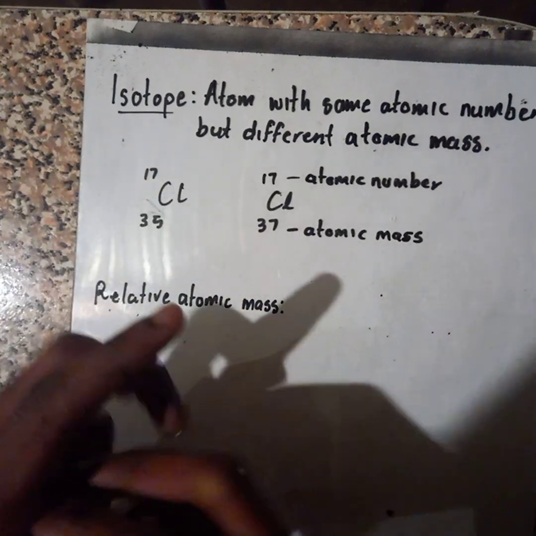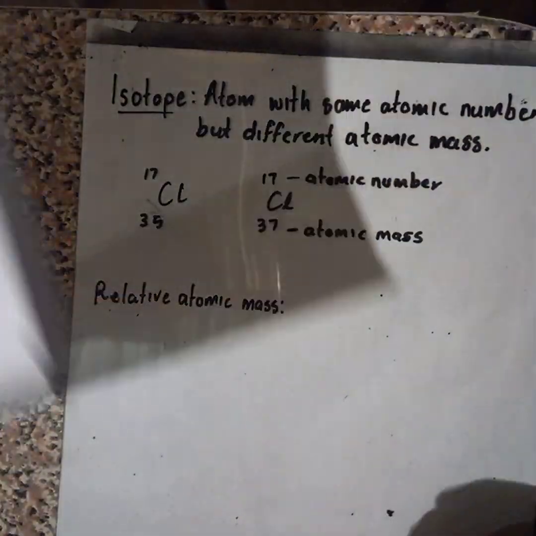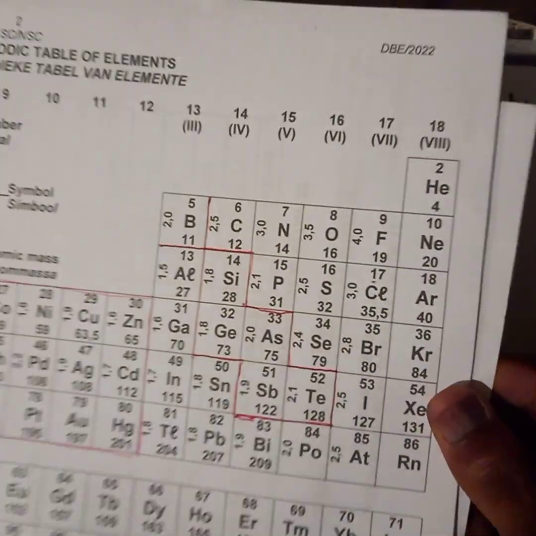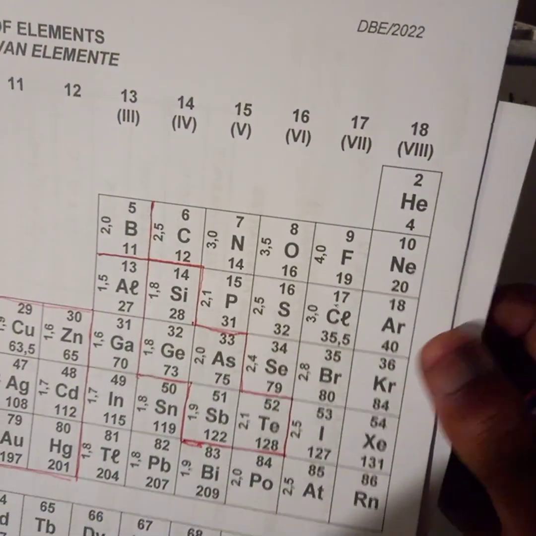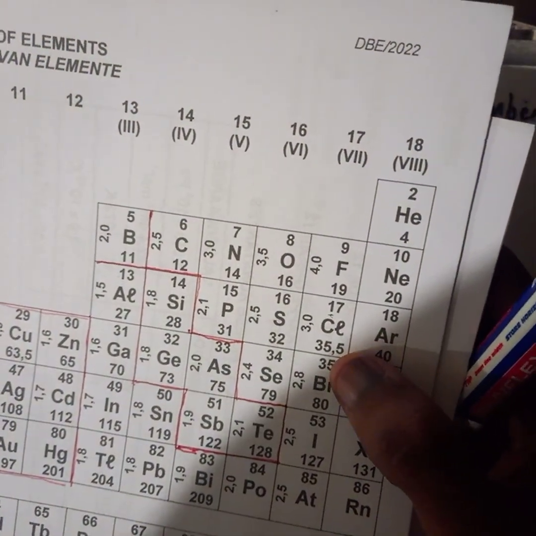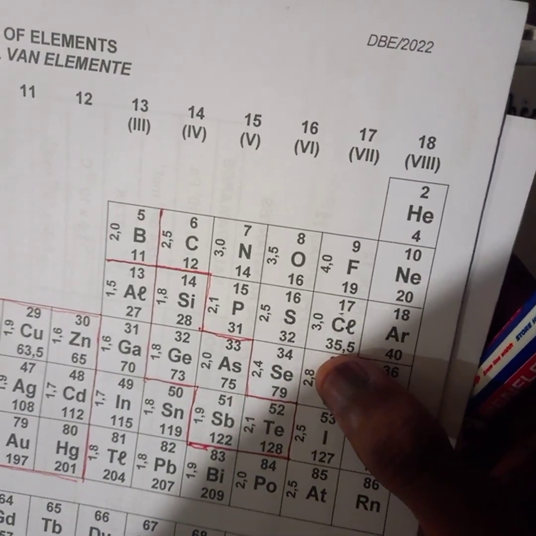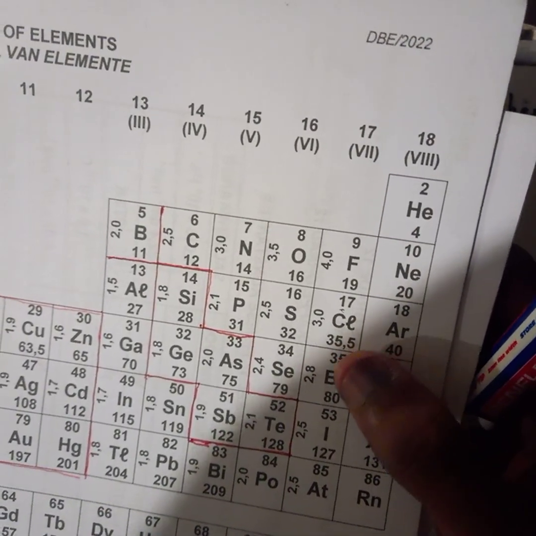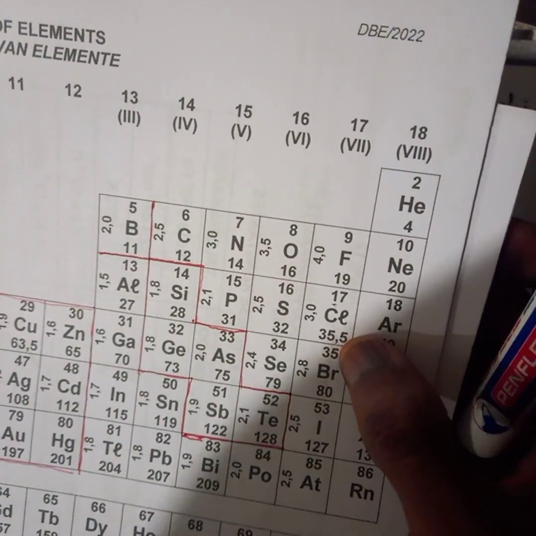Let me take my periodic table. Look at the chlorine there. We have an atomic mass of 35.5. Sorry, in fact, this is a relative atomic mass.